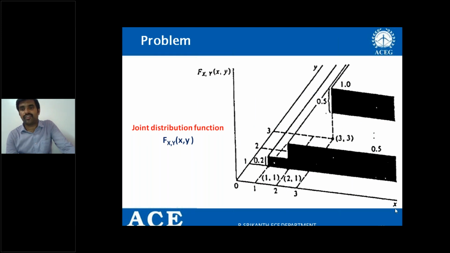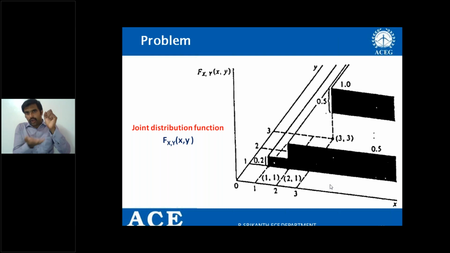Fx comma y of x comma y versus two elements x and y. So here let us take this as a three-dimensional view like this. In the surface, one direction is representing elements of random variable x, and another coordinate is representing the elements of y, and the vertical direction, the coordinate which is going up, is representing the distribution function.